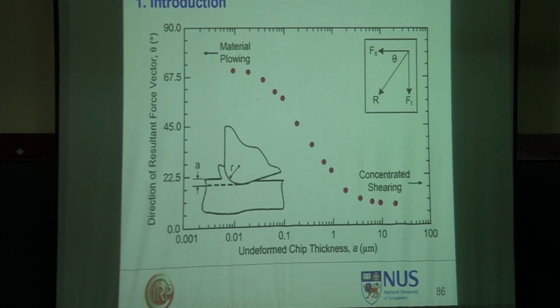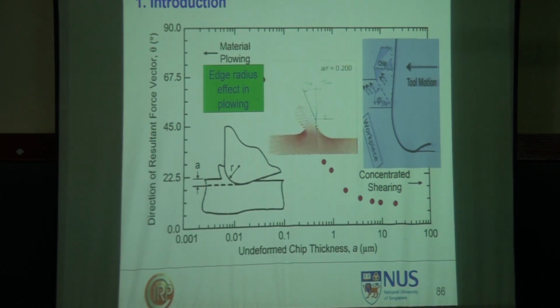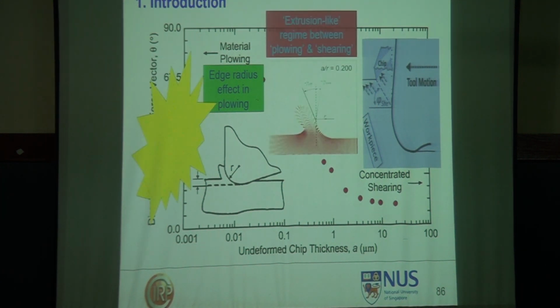This one we have already discussed. I am not going to do this again. Now, this one we have discussed: concentrated shearing here at this region, and beyond that here material ploughing takes place.